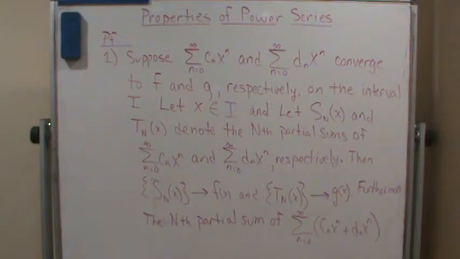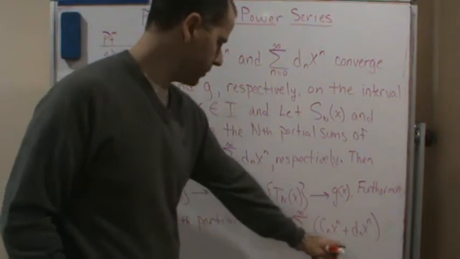The nth partial sum of that series, the series of the sum of the two power series, how would we represent this?